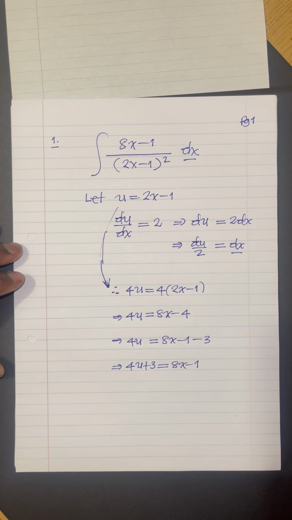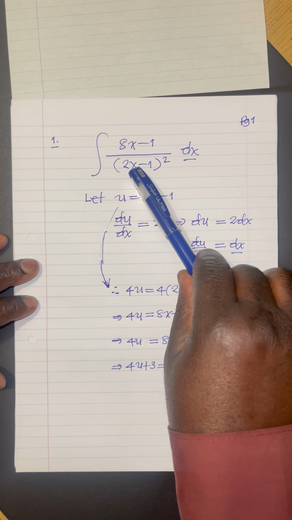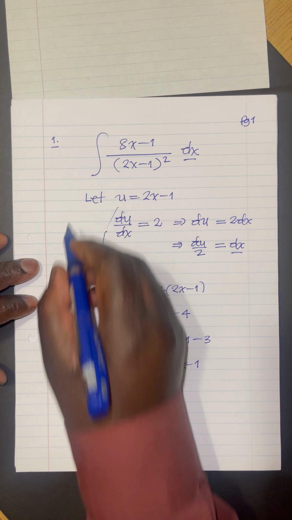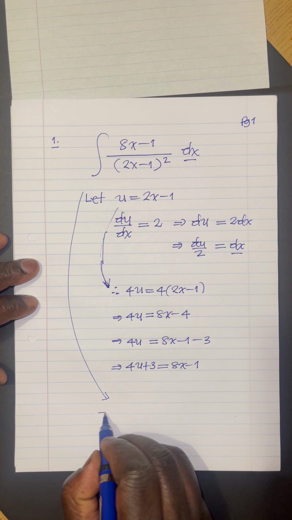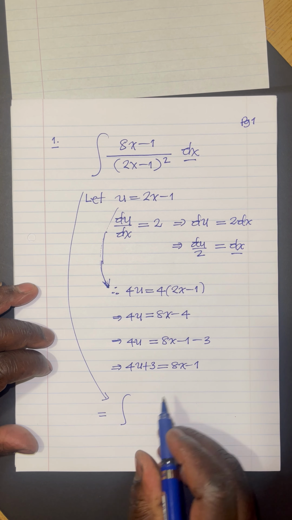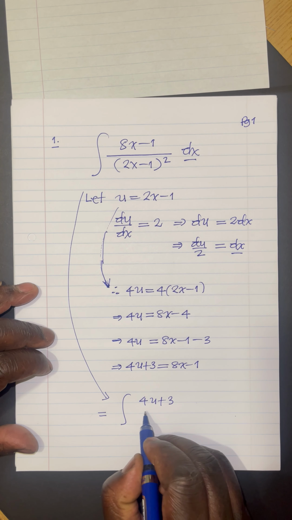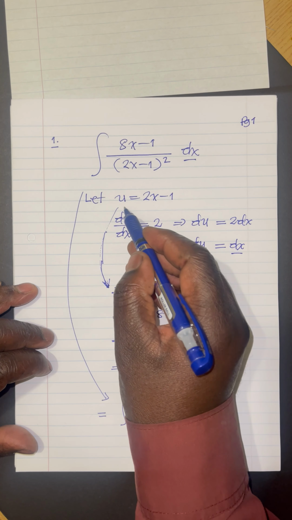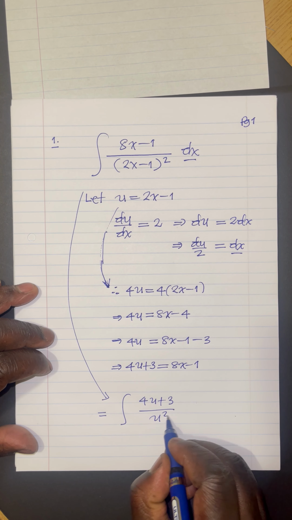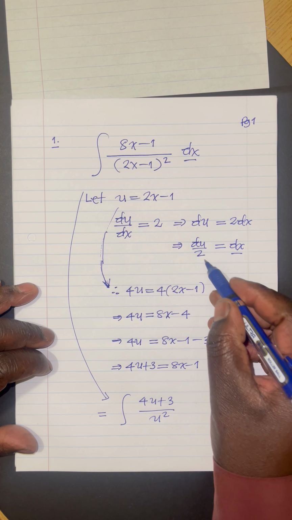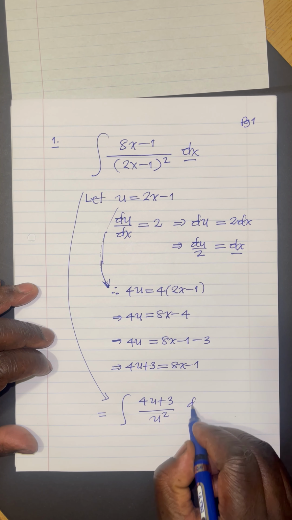I have to perform triple substitution. We get rid of the numerator, denominator, and dx. So that integral now changes to, watch this, the integral of, in the numerator, I have 4u plus 3. In the denominator, I have u squared. And then in place of dx, I have du all over 2.